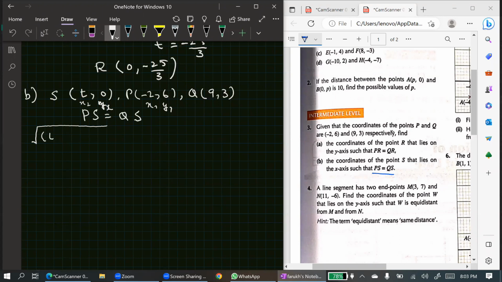X2 minus x1, that is t minus 2, plus 0 minus 6 whole square is equal to QS. Name Q as x1, y1. T minus 9 whole square plus 0 minus 3 whole square.